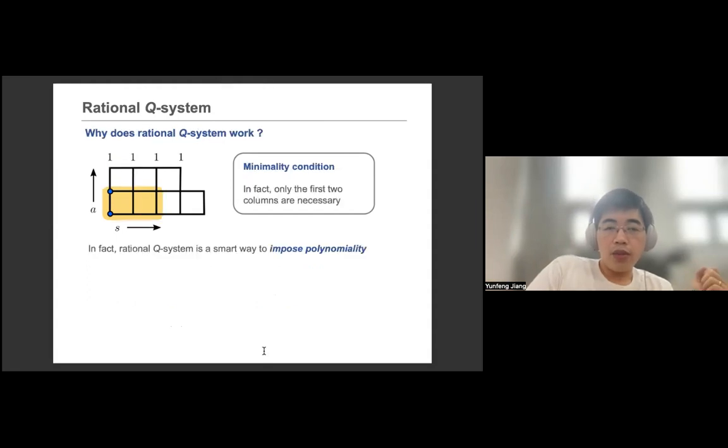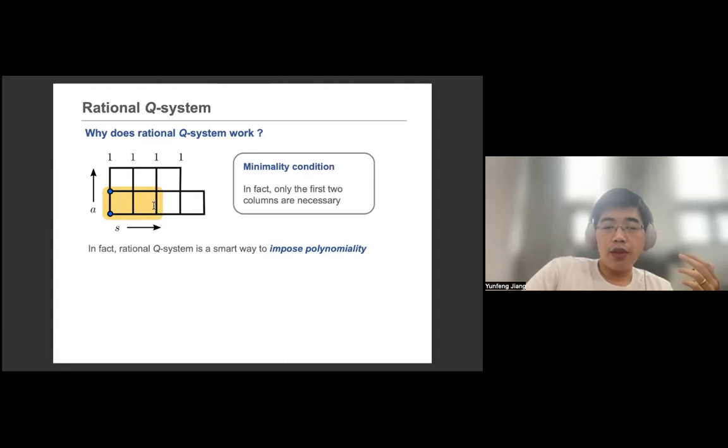So the question is, why does the rational Q system work? How is it able to do this? To explain this, let me first explain the minimality condition. Although we require all the Q functions on the Young tableau to be polynomials, in fact only the first two columns are needed.